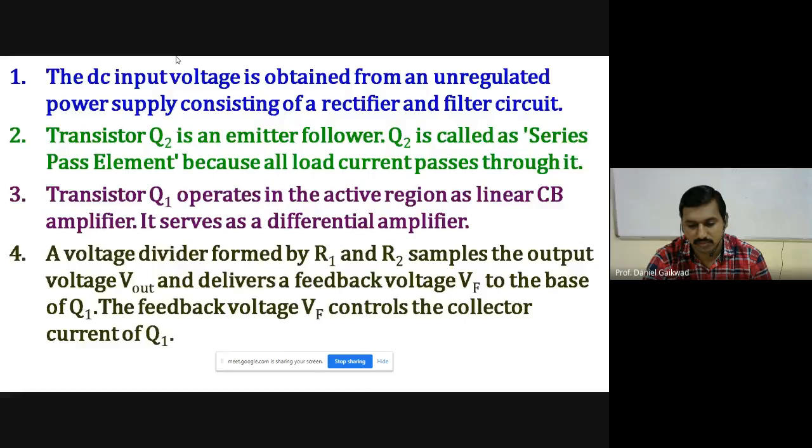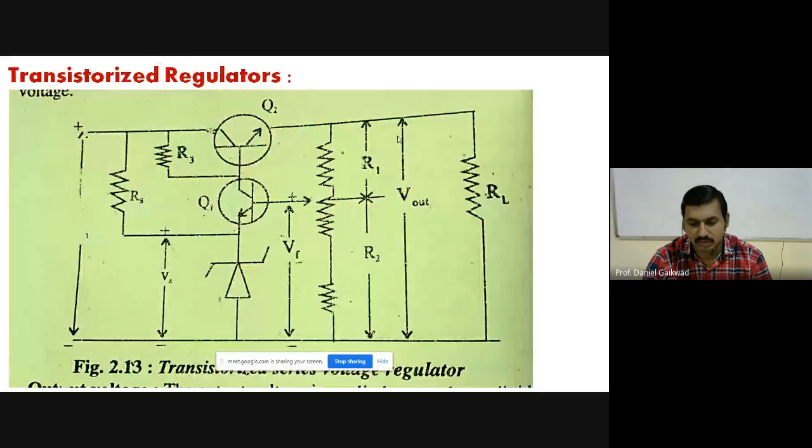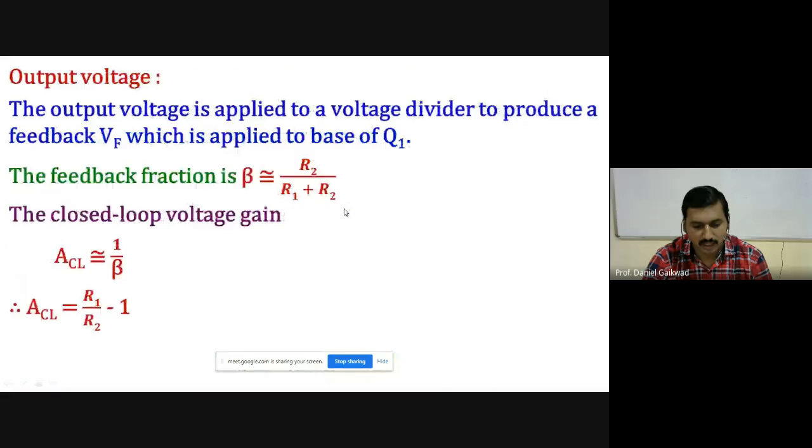This is the output voltage and this is the voltage divider network, R1 and R2. From this we feed the feedback voltage Vf to the base of Q1.